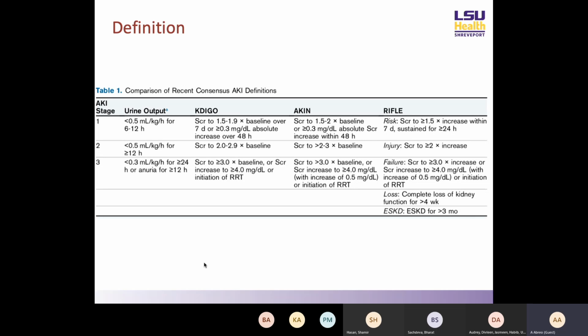Stage 2 is a 2 to 2.9 times increase from baseline, and stage 3 is greater than or equal to 3 times the baseline, or an absolute serum creatinine of more than 4, or you've initiated dialysis.